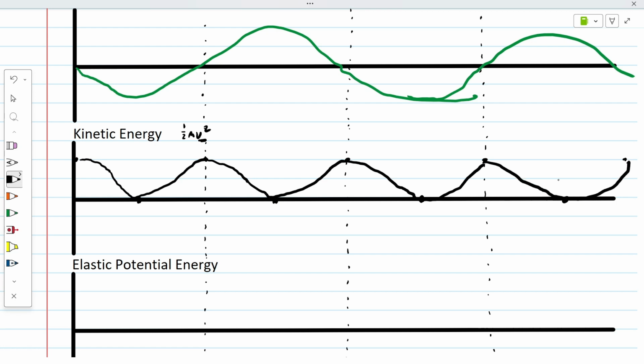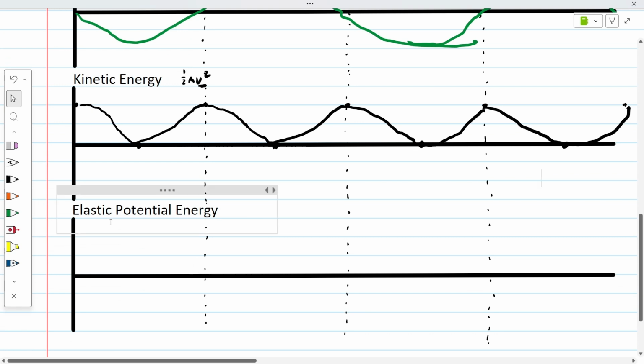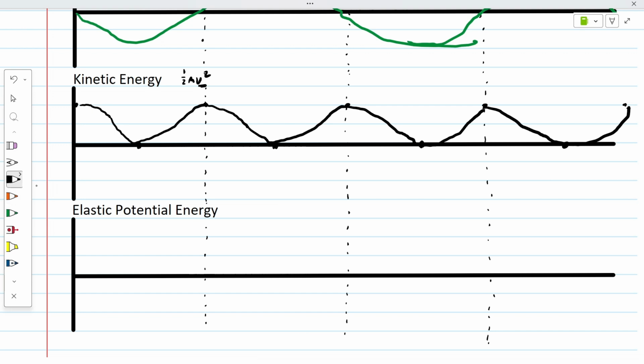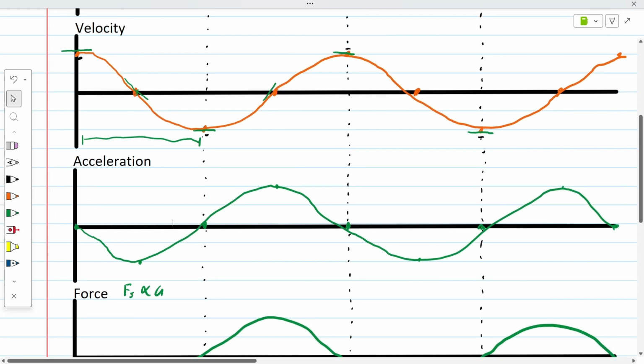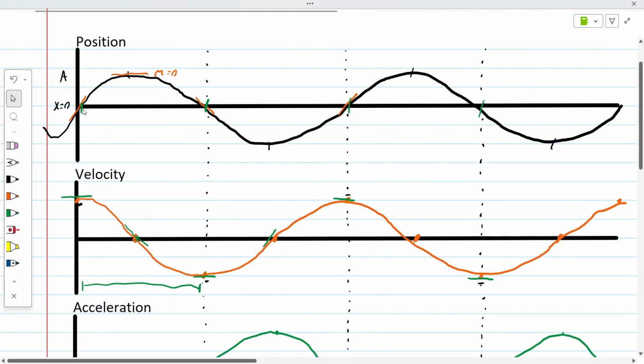Okay, and so we now can find this potential energy. And even though we haven't talked about what spring potential energy is, I'll write the equation just for the sake of it. It's the k for spring times the x squared. So we could look at the position and do the same thing. See where the position is 0 and mark off where the positions are. So the position is 0 at each one of these points here.